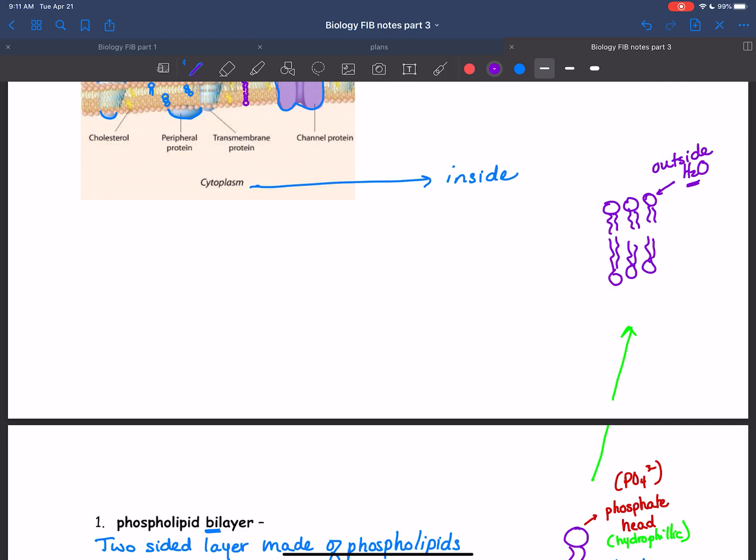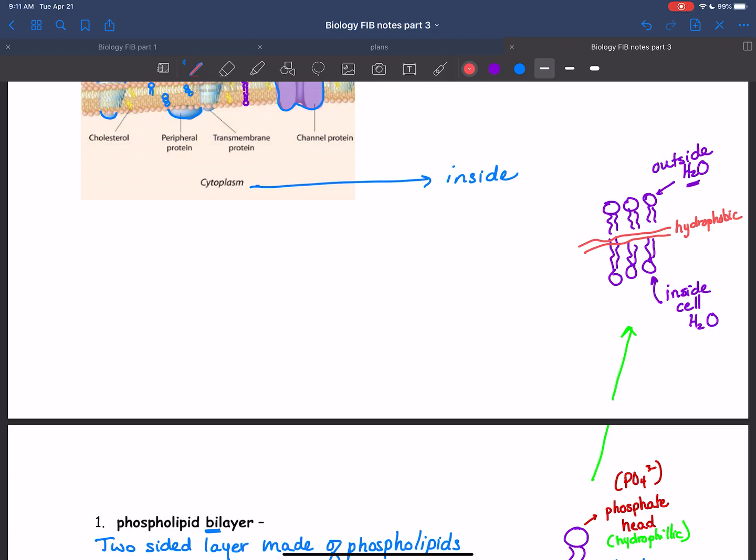It likes the water. The inside of the cell, which has the cytoplasm and also has water, is okay because this side is also water loving. But it is this middle portion right here that ends up being hydrophobic because it's got those two lipid tails.